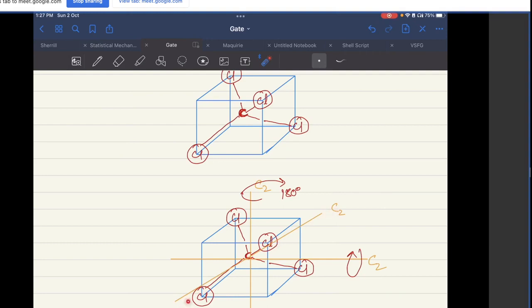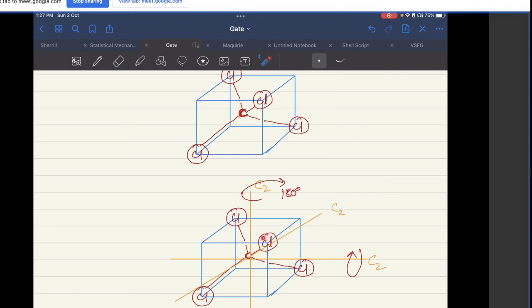You can imagine this axis similar to this one, but from the back face to the front face, doing the 180-degree rotation.